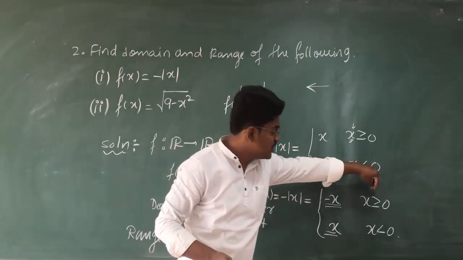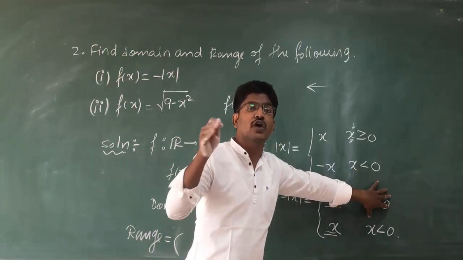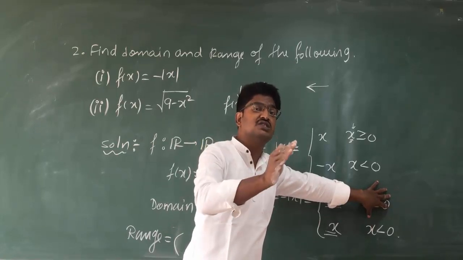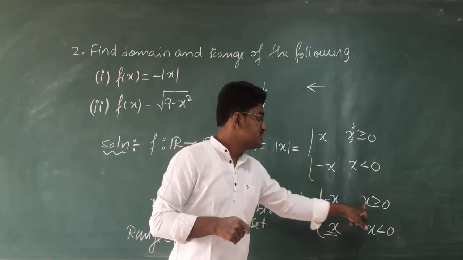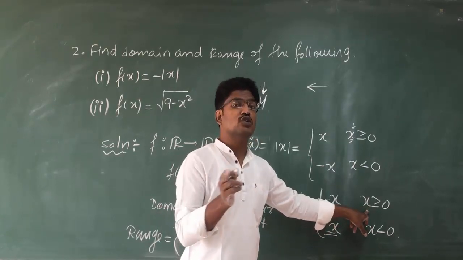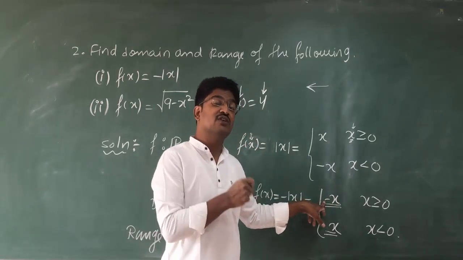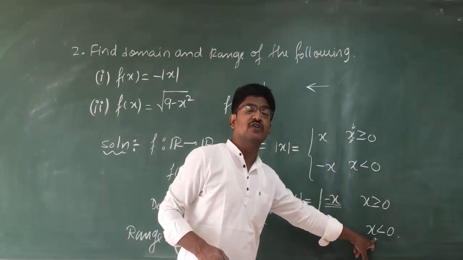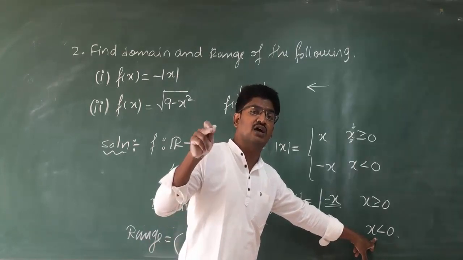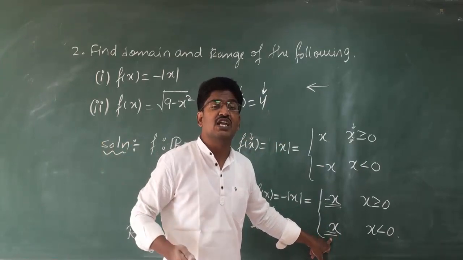Positive infinity towards domain. That means as you go towards positive infinity in domain, that converts towards negative infinity in your range. This is the domain. As you go towards positive infinity in domain, output will become what? Negative infinity in range. As you go towards negative infinity in your domain, again it goes towards negative infinity in your range.